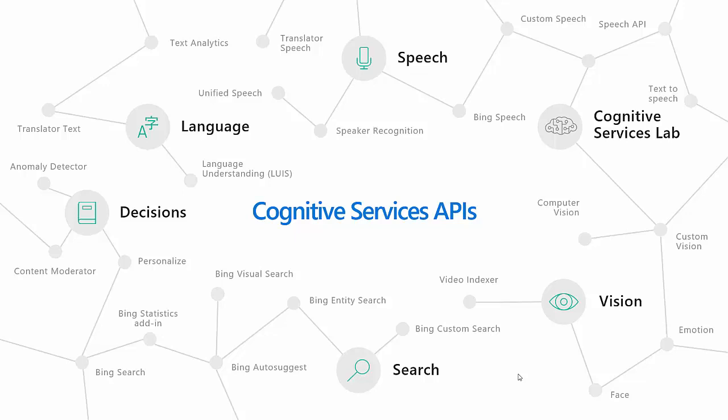We have search components, which would allow us to take advantage of the services inside of Bing, such as Map, Visual Search, Auto Suggest. We have a whole decision tree which can go in and do things, for example, like detect anomalies. So maybe I have a device that's running 24/7 and I need to be alerted when I need to take that offline for maintenance. Anomaly Detector could help me out with exactly that scenario.